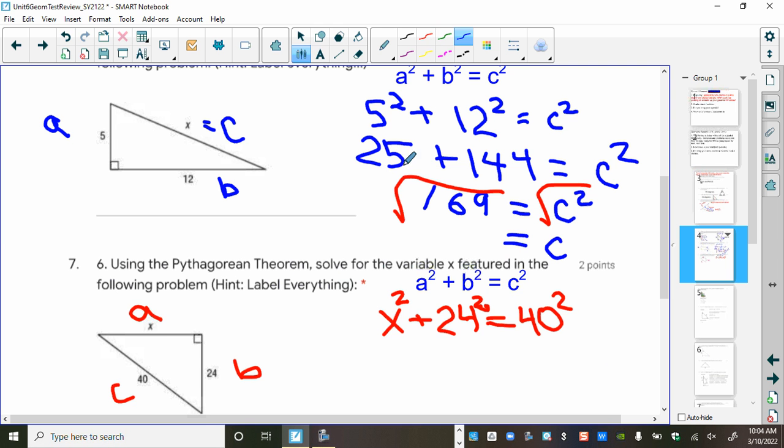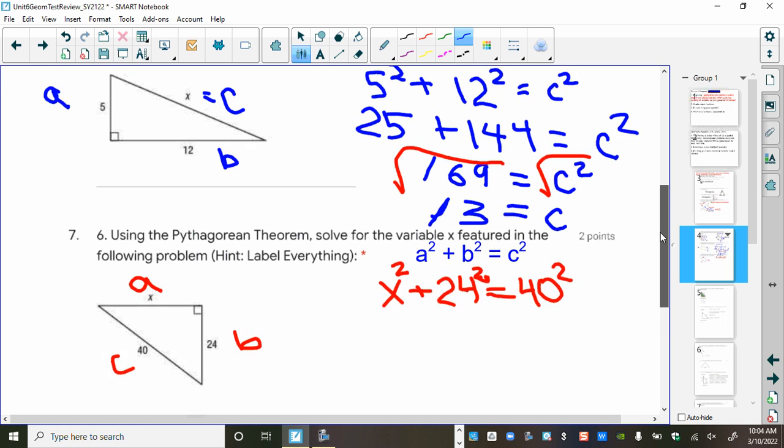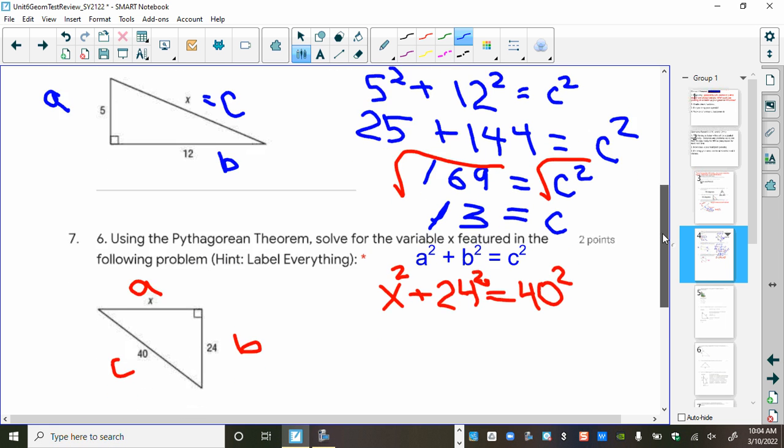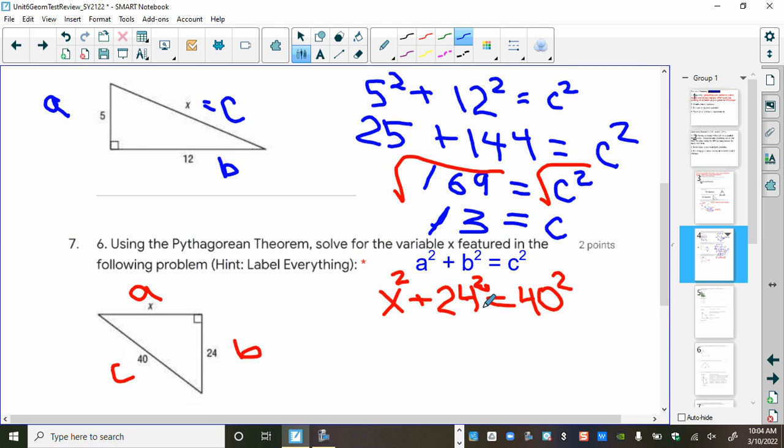So you have to find the square root of 169, which is 13, exactly. Now here, somebody did say, oh, we have to do some subtraction. Yes, you're right.